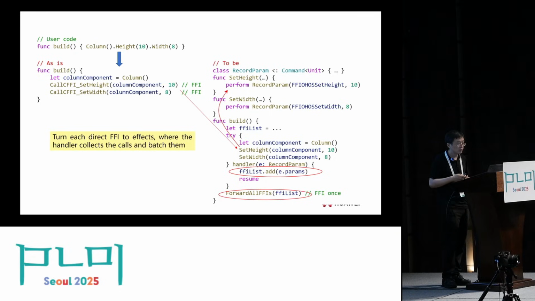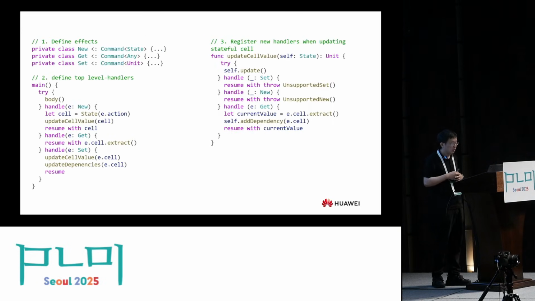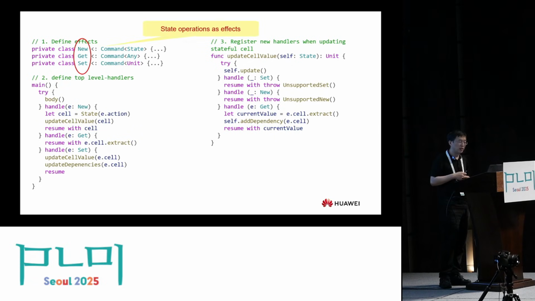Okay. So the next application is to use effect handlers to do some kind of reactive state programming in the UI framework. UI state changes require querying the UI tree to identify and update these dependent properties. To do this, we define these state operations as effects.